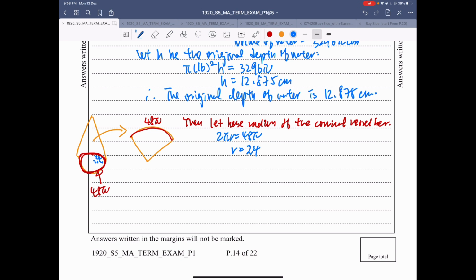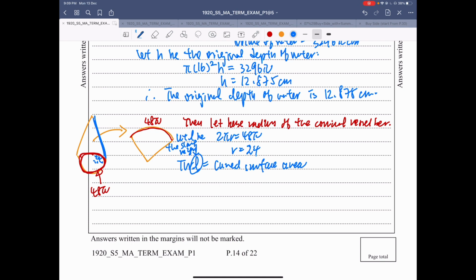Then we can use pi r l, do you remember? Pi r l is equal to the curved surface area, where l is the slant height.